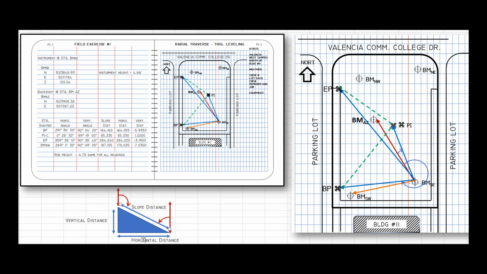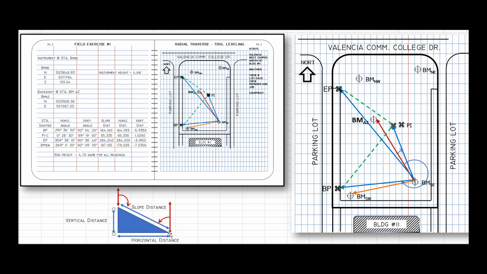Whereas the horizontal distance is the distance if it was straight across. And the vertical distance is the vertical change in elevation. Notice that the vertical distance can be negative. That means I'm standing up at my point and looking downhill, so my vertical distance is negative.